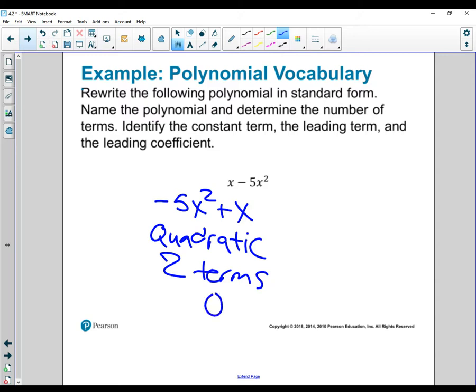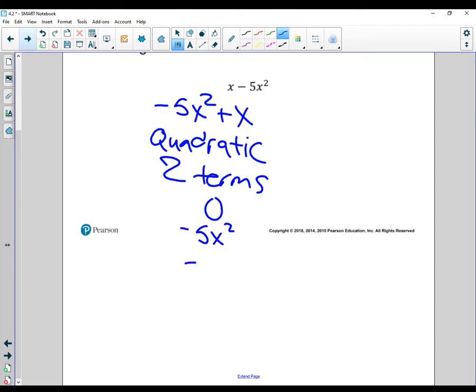Constant term is 0, because we have an invisible plus 0, since there is no constant term. The leading term is -5x squared. Remember, term means the whole chunk. And the leading coefficient is -5. Not too bad. That's all what today is.